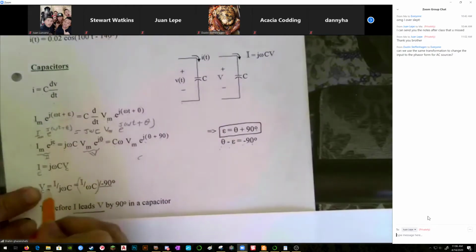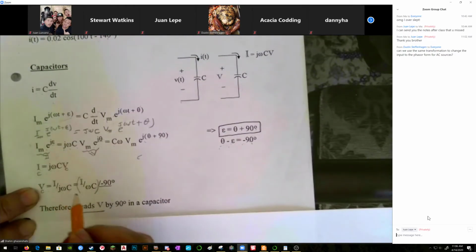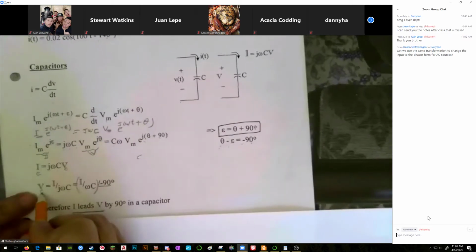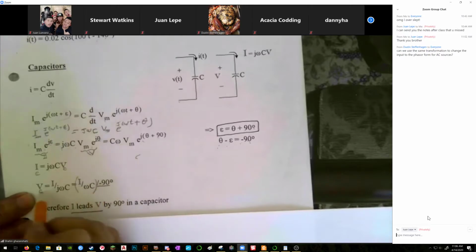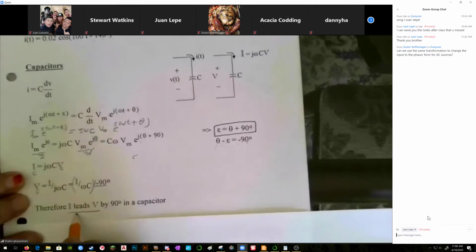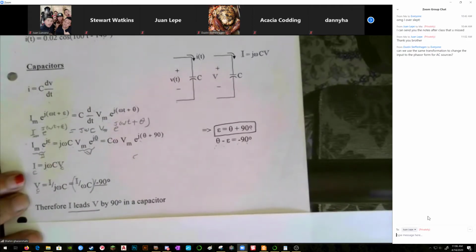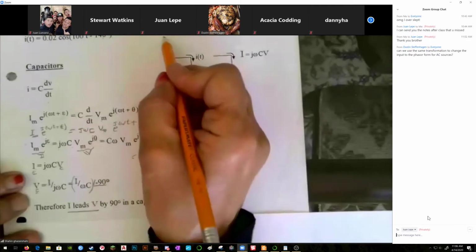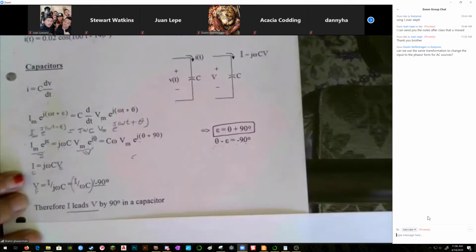Here, whatever is the angle of the current, you subtract 90 to get the angle of voltage. So they are still out of phase by 90 degrees, but the current leads the voltage. Over there, the current lags the voltage.